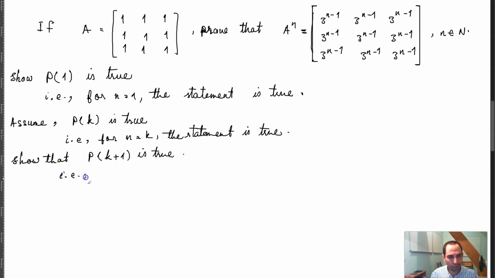That is, for n is equal to k plus 1, the statement is true.